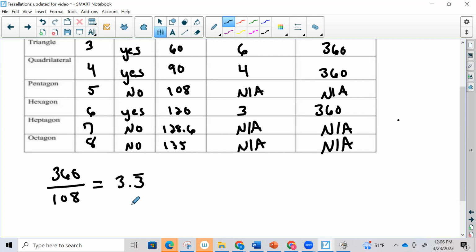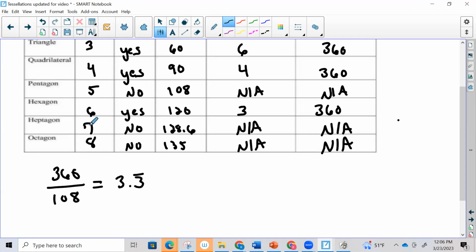And so that means I need 3 1/3 of the pentagons to meet at a vertex. And that means I would either have to have a gap or an overlap. And there's no way that pentagons will meet up at a vertex to completely cover the plane.